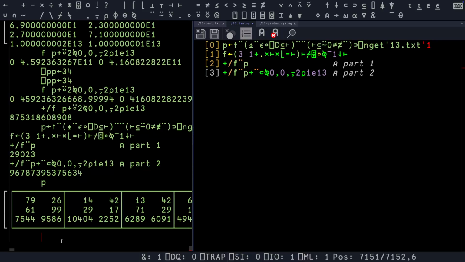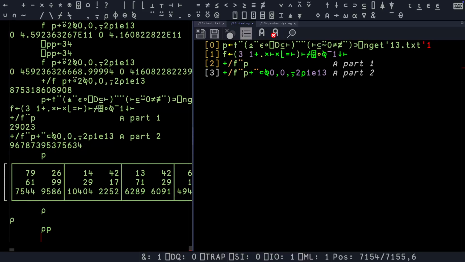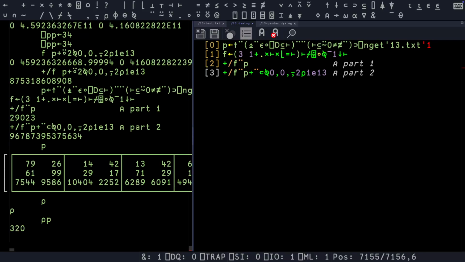So there are different ways of doing it, but in general, just try to keep your data as flat as possible and don't do this nested thing. In this case, there's about 320 groups, or systems of equations, that we're solving, and so the performance hit isn't that bad for doing this kind of nested thing.